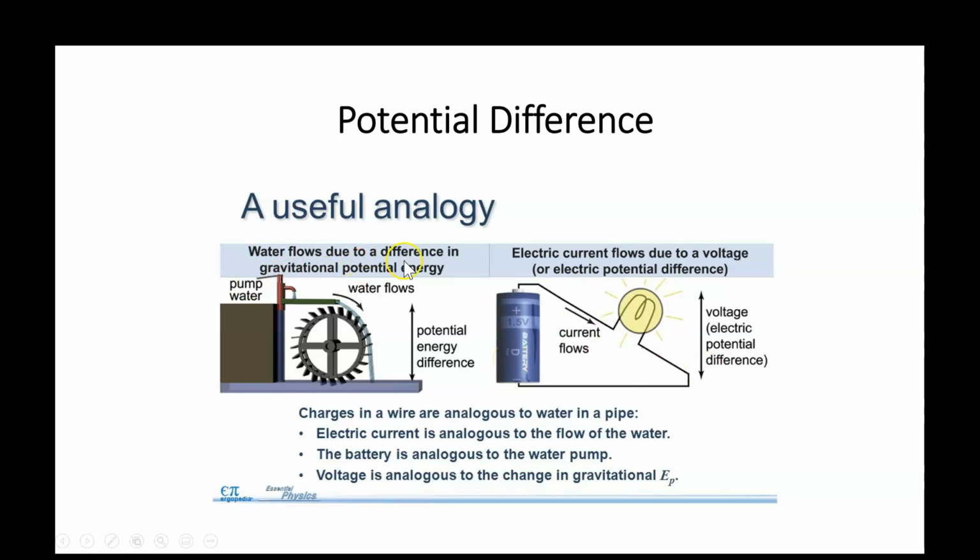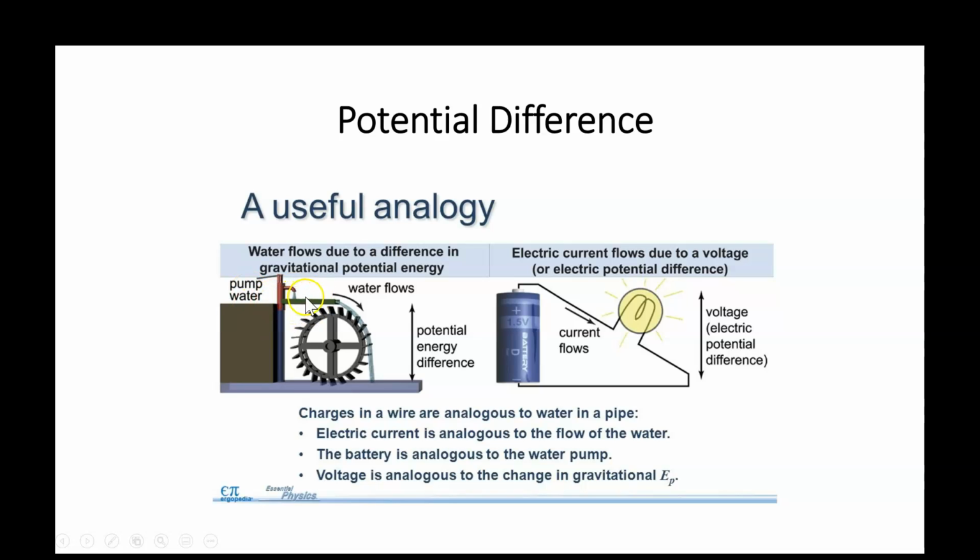So water flows due to a difference in gravitational potential energy. The water is basically pumped up to a higher location, and as it's brought up, it has a lot of gravitational potential energy to do work.